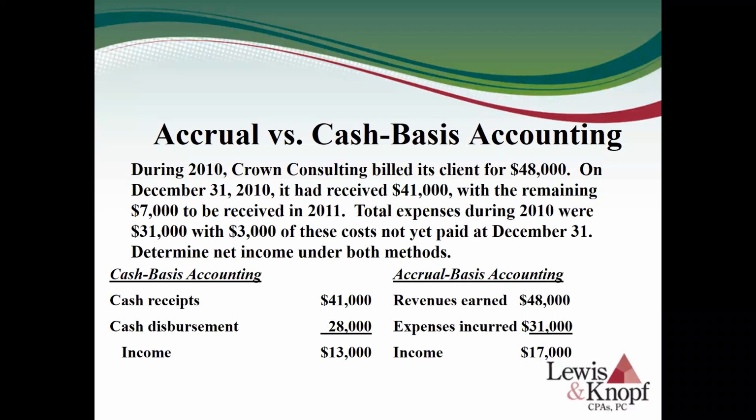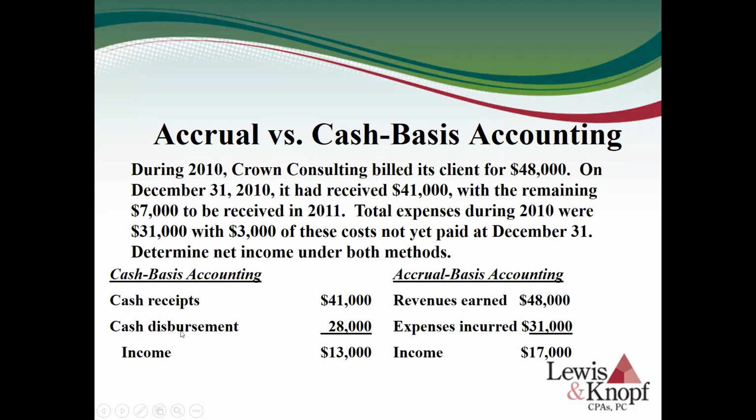So, with the cash basis, they received the 41,000, and they recognize only 41,000. They only recognize revenue and expenses when cash has been received or paid. So they recognize the 41,000, and then the cash disbursements, the expenses that they have made.